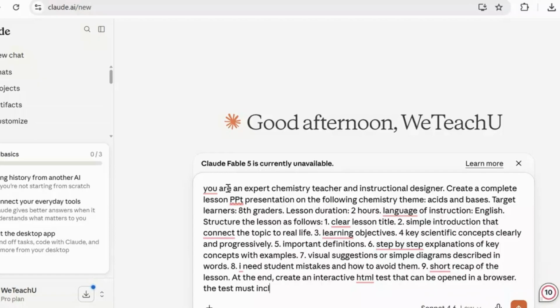The test must include 10 multiple choice questions. I need to be specific about the number of questions. I need automatic correction, because when my students solve the exam or the assessment, I want them to get an automatic correction and feedback on their answer using JavaScript, because Claude is excellent at coding.